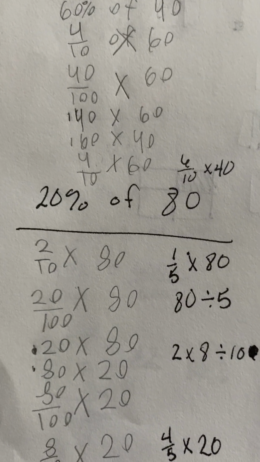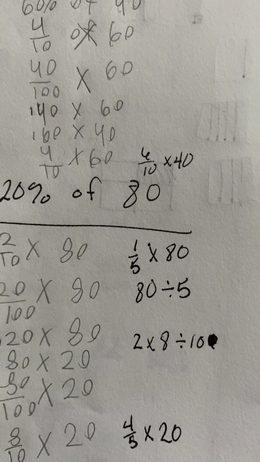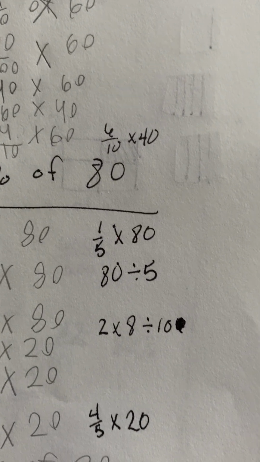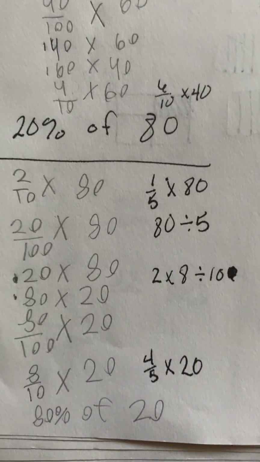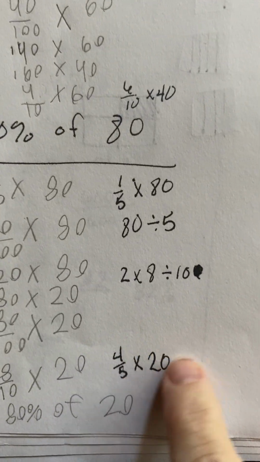So in this case, 20% is 20 over 100, or 1/5. Then we can just divide by 5.